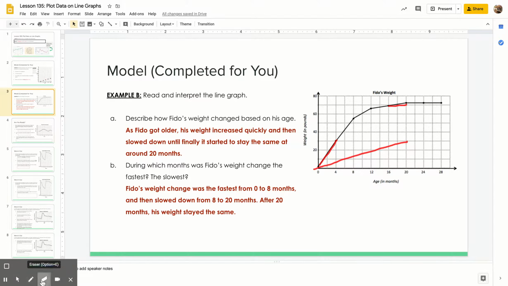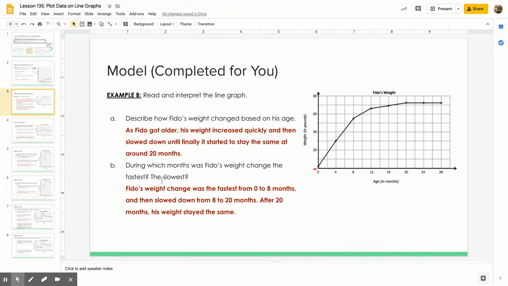So you have to remember that, depending on what data you're showing, you have to think about what it means and what it shows. So in this case, this is not a linear line. This is a line that's changing over time at different rates. So it's changing really fast at the beginning. It's jumping majorly. And then it starts to jump a little bit slower until finally it's staying the same.